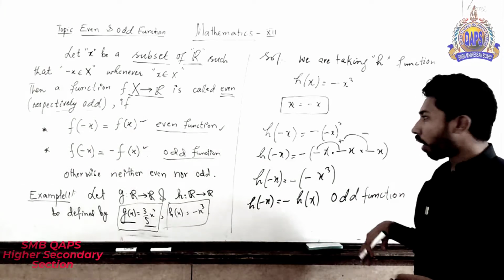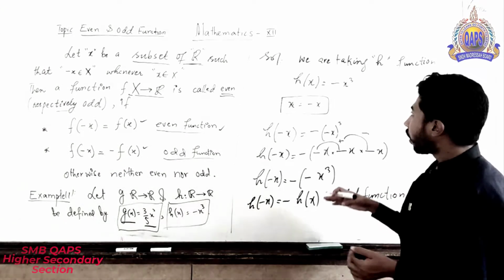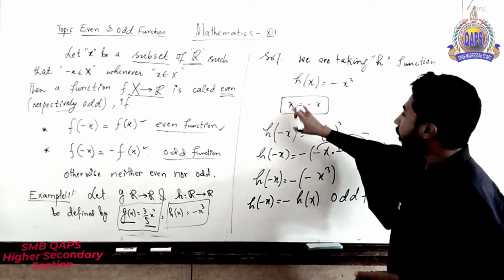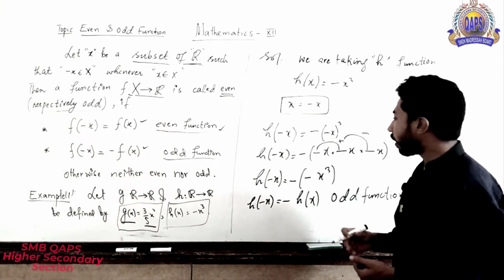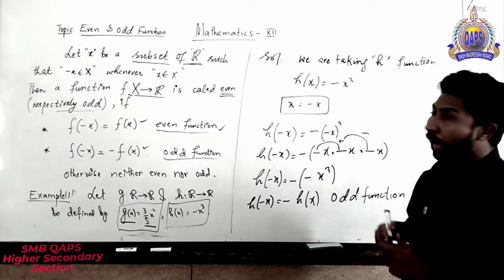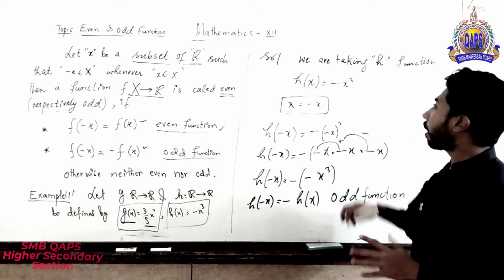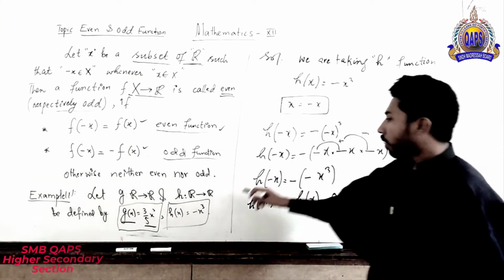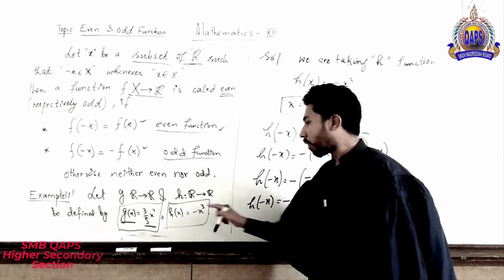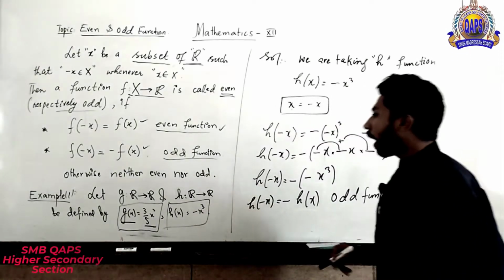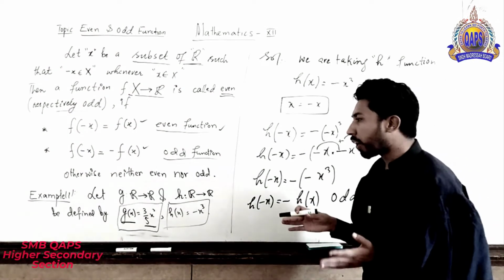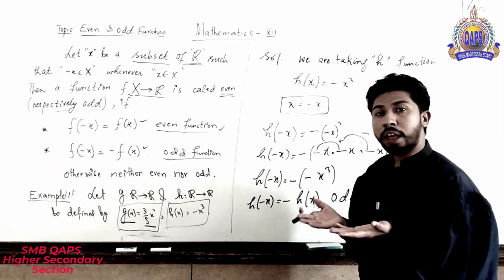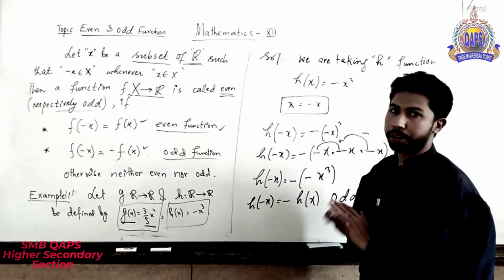I hope you have already understood it briefly. So I repeat this same point. There is another function h of x equals minus x cube, and here we find whether this function is even or odd.